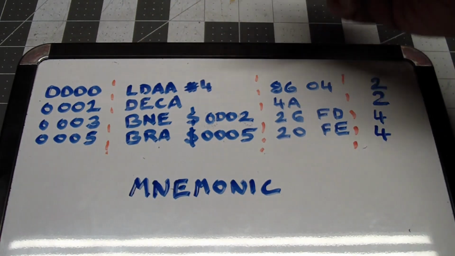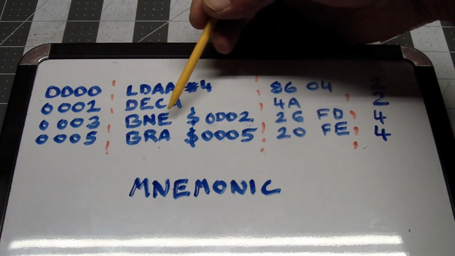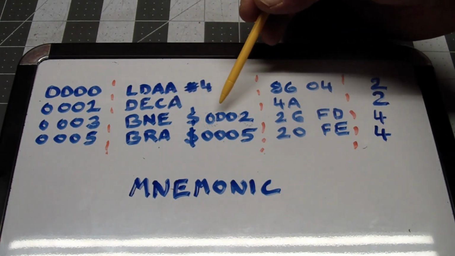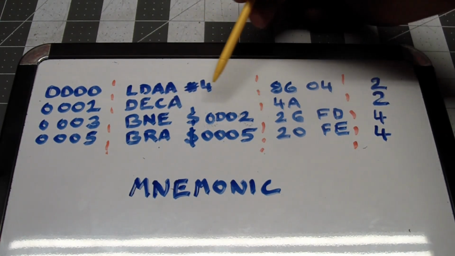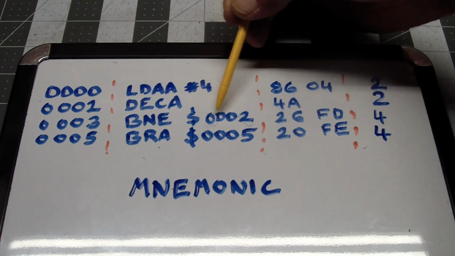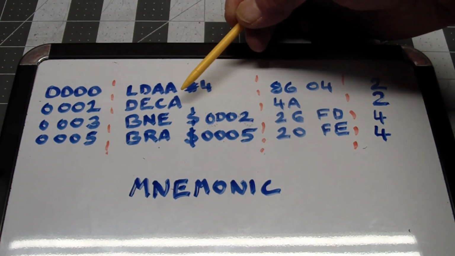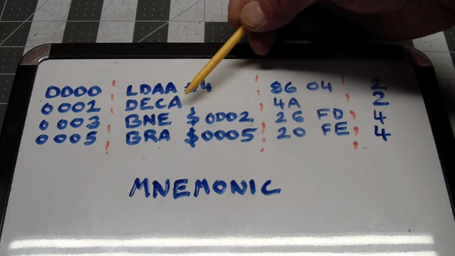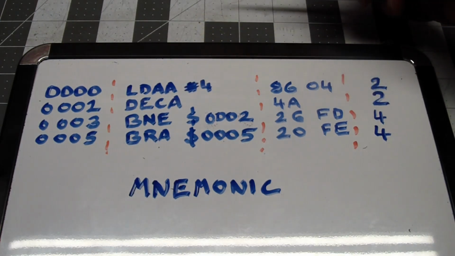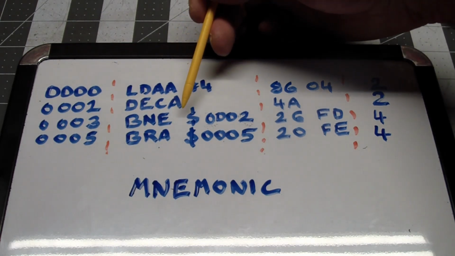at 3, and BNE stands for branch on not equal to 0002. The $ sign means hex address. So if A doesn't go to 0, the 0 flag remains reset in the condition codes.